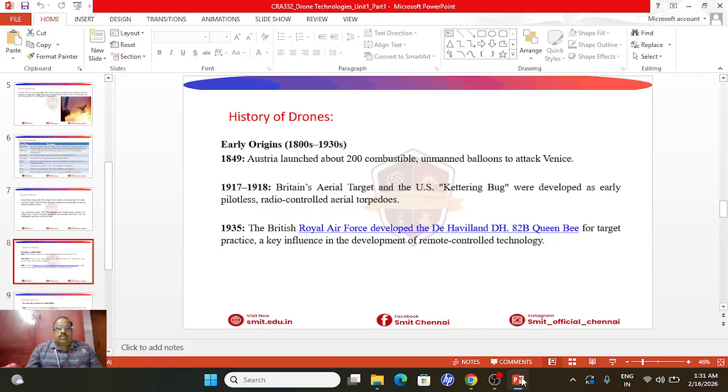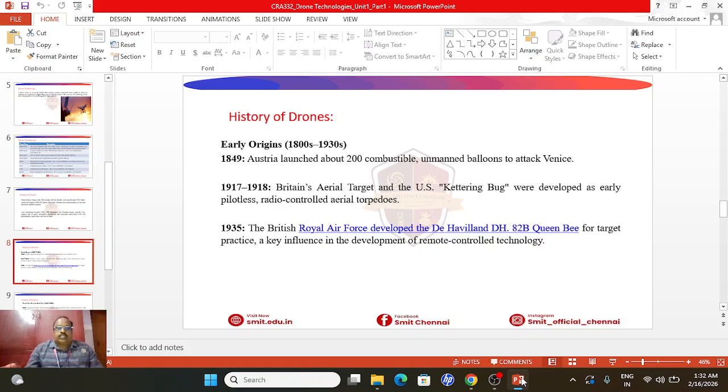And coming to early origins in the 18th to 19th century, in 1849 Austria launched about 200 combustible unmanned balloons to attack Venice.